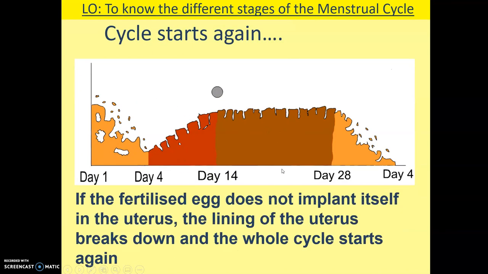And again after 28 days, when the egg does not fertilize, it's going to break down, like it happened in the beginning. And that is why it's a 28-day cycle. So it starts, it breaks down, it builds up, and then it breaks down. And then it's going to start again. It builds up, it thickens, it breaks down. This is literally the cycle.